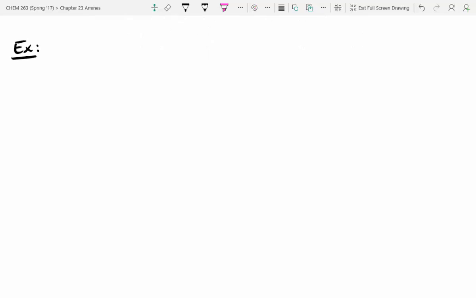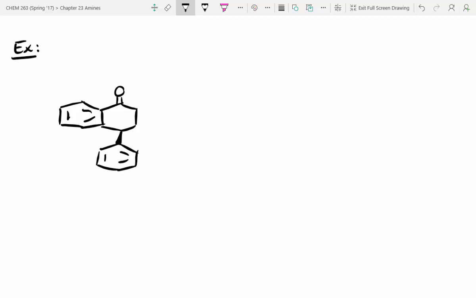So let's take a look at this compound, and I want you guys to help me determine what the final product should look like. So we've got a benzene ring, 6-membered ring, ketone up here, we've got a wedge, another benzene, and then 2 chlorines that are ortho to one another.